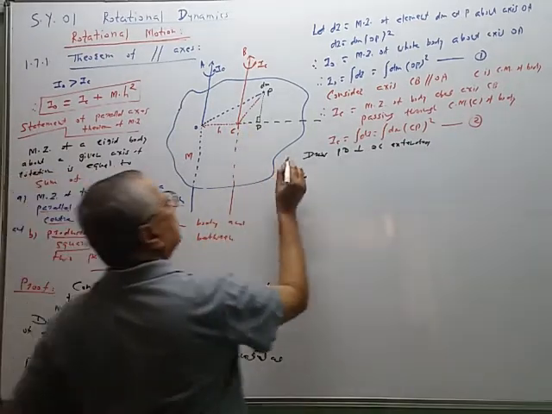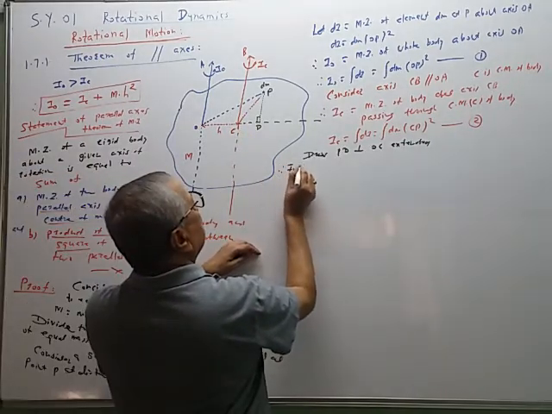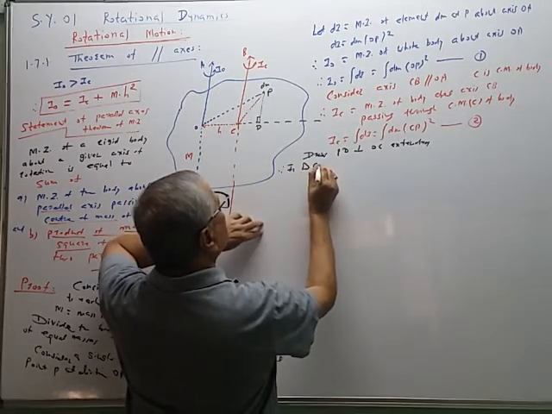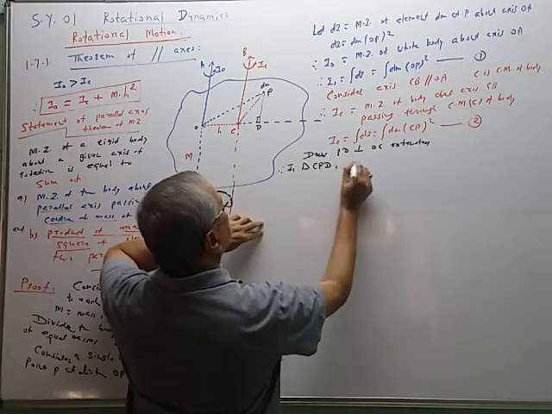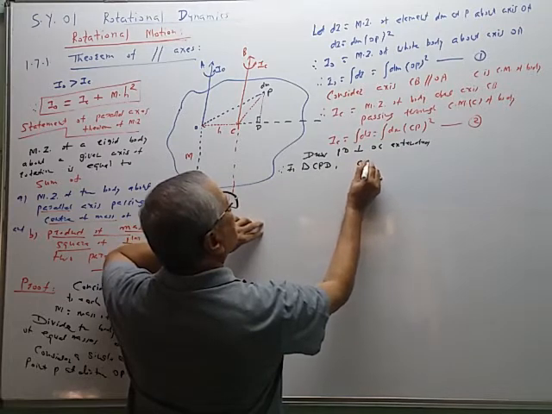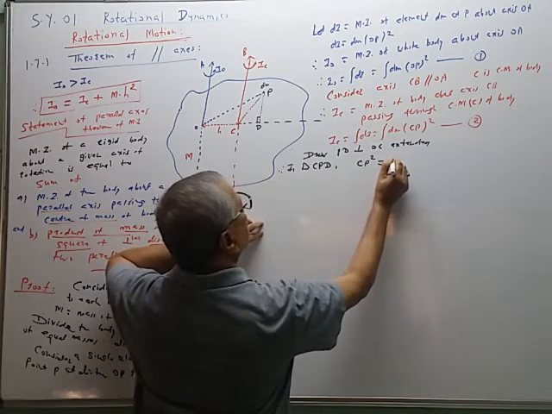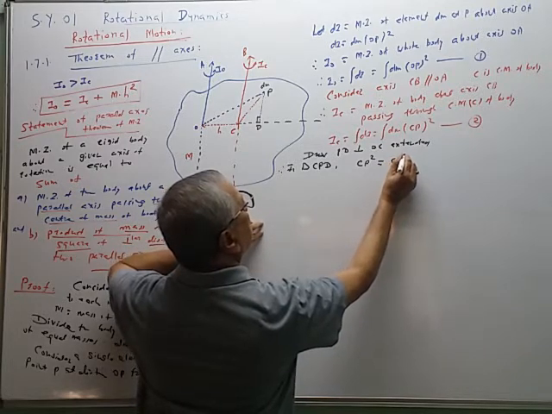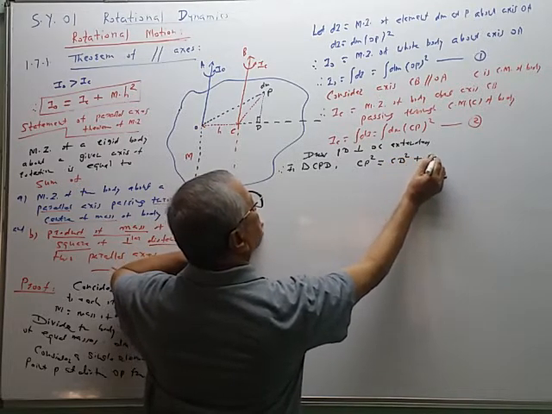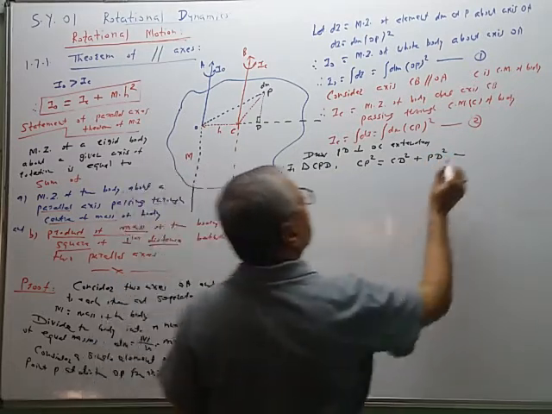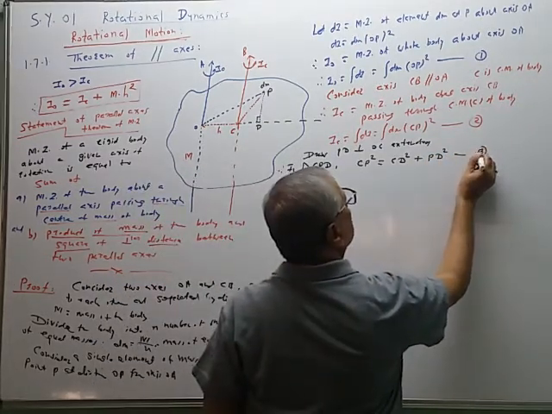So this angle is 90 degrees. Therefore, in triangle CPD, by Pythagoras theorem, CP square is equal to CD square plus PD square. So this is equation A.